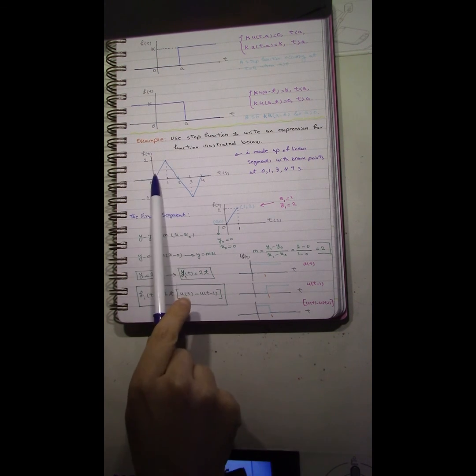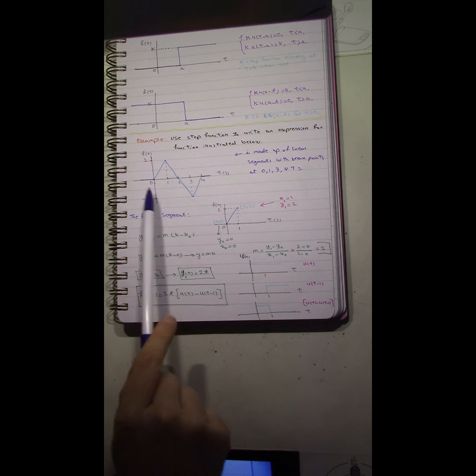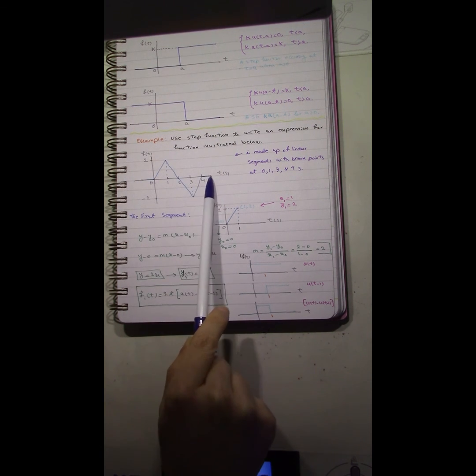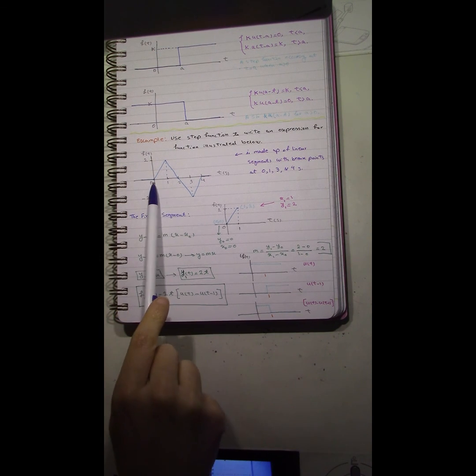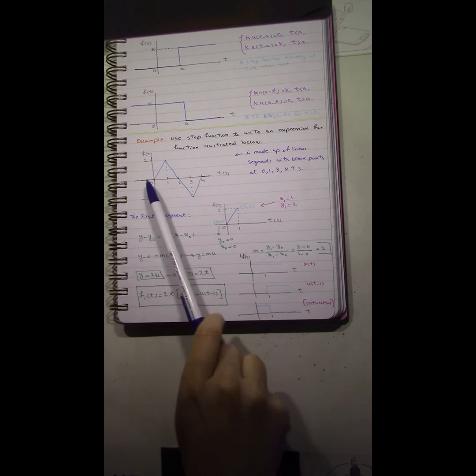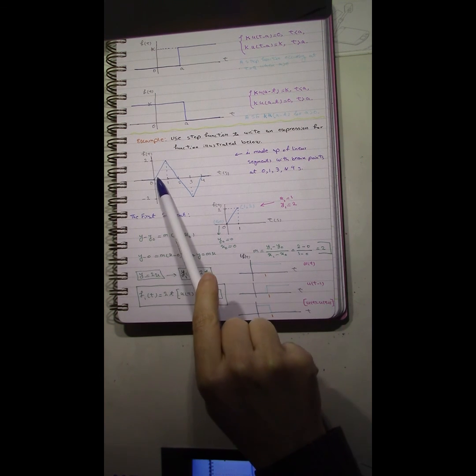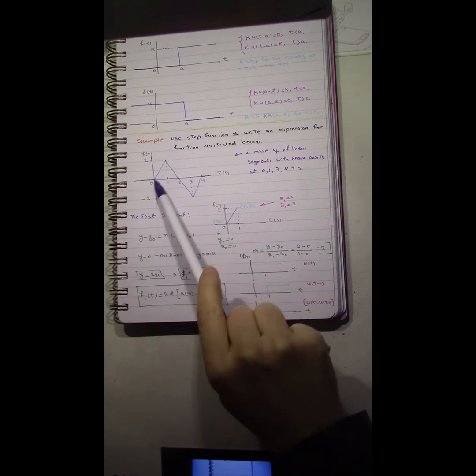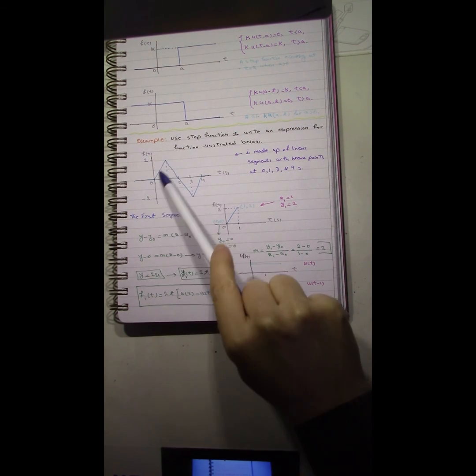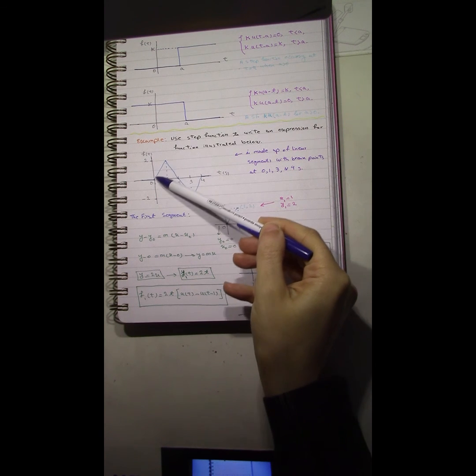Do you see the different segments over here? 1, 2, 3, 4, 5. So we need to use the step function. Before 0 the function is 0. From 0 to 1 it is linear. The function is linear. So how do you write the equation for this line?